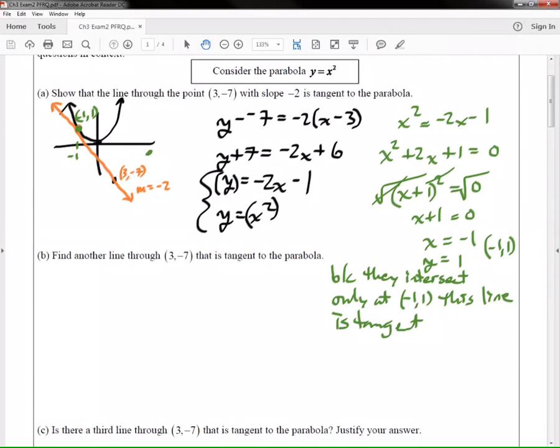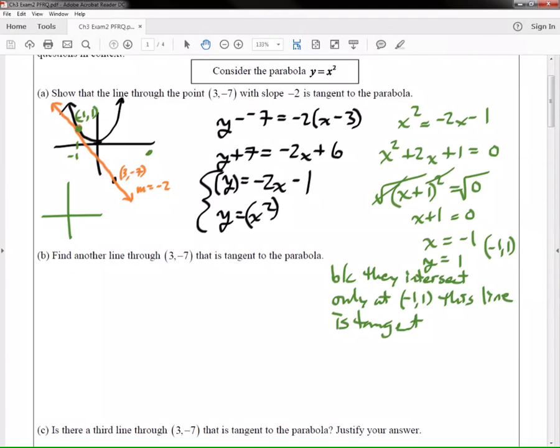Questions? Okay, I'm going to repeat what I just said. Pretty much this problem is you have to find the system of equations and then show that they only intersect at one point. Now there is one condition where this line wouldn't be considered a tangent line.